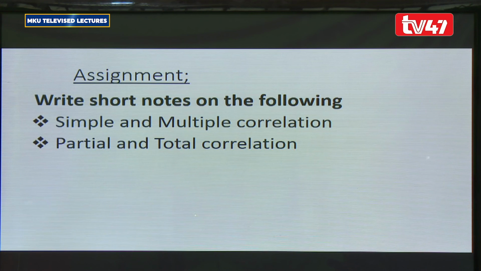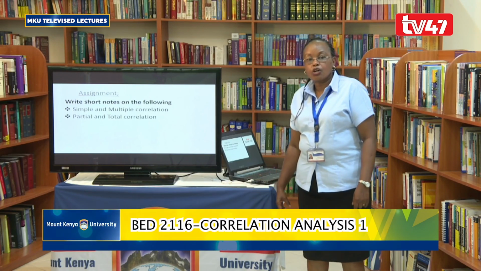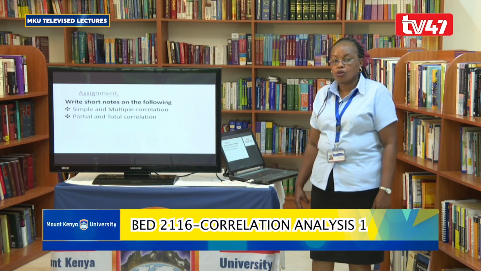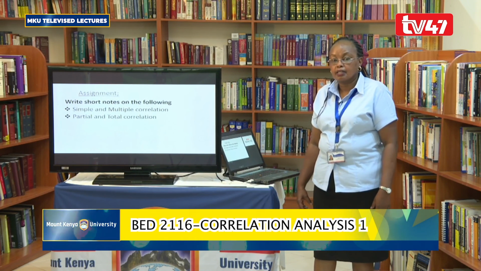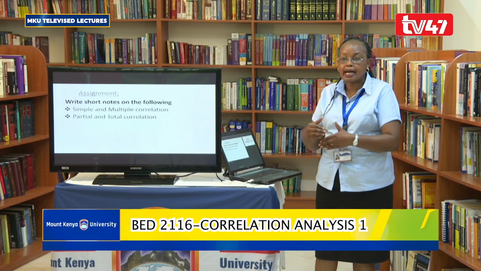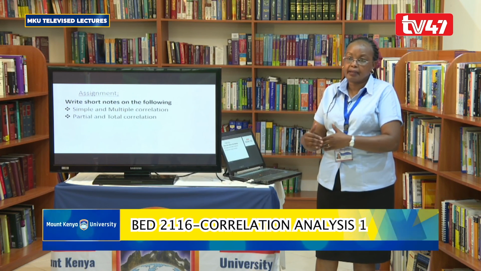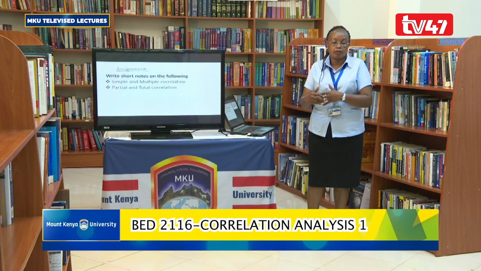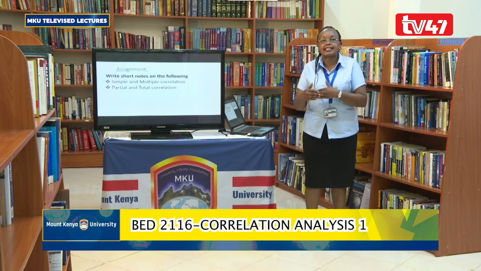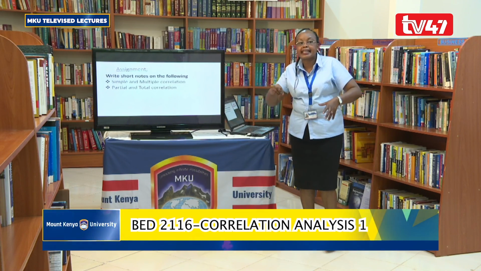So in our next lecture, class, we are going to go to the actual correlation, so that we are able to establish the actual number for a correlation. If you have been given a set of data, remember a scatter diagram has just been able to tell us the direction.